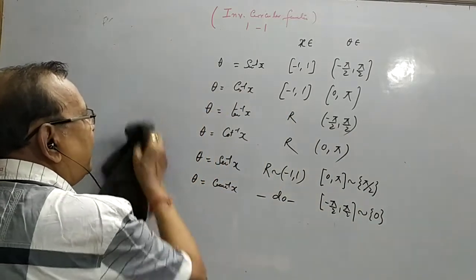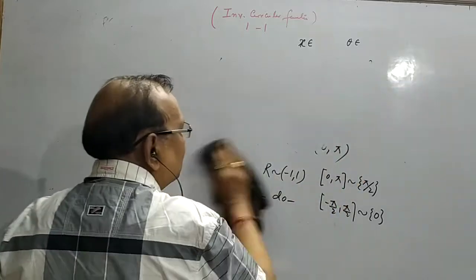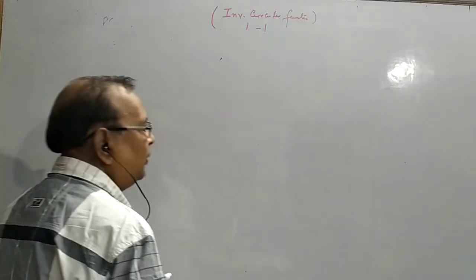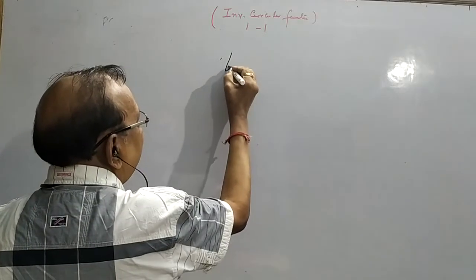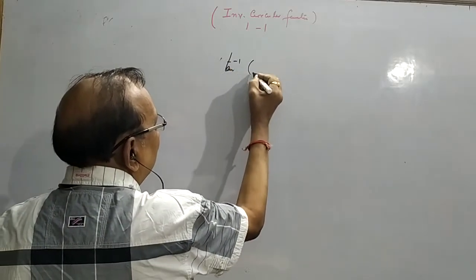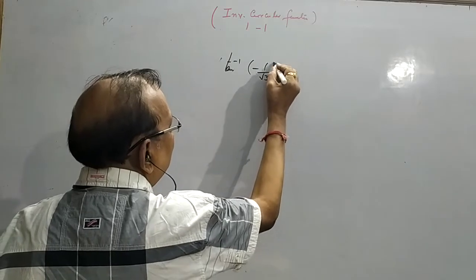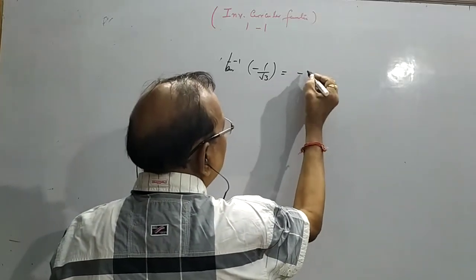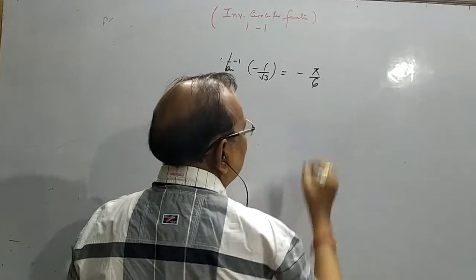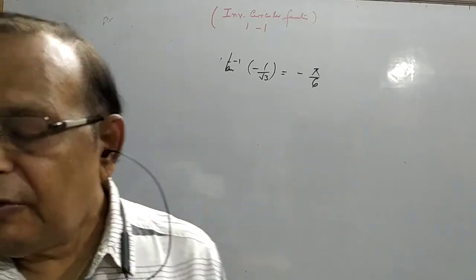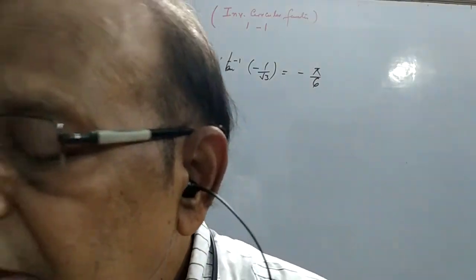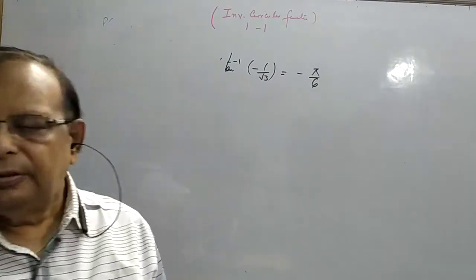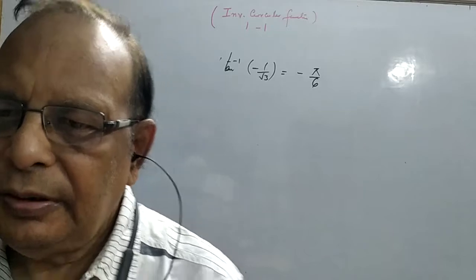Now, I take an example. Suppose we are interested in tan inverse of minus 1 upon root 3. It is negative, so it must be in the fourth quadrant, that is minus pi by 6. It is easier to consider the magnitude of tan inverse 1 by root 3, that is pi by 6, and make it negative.